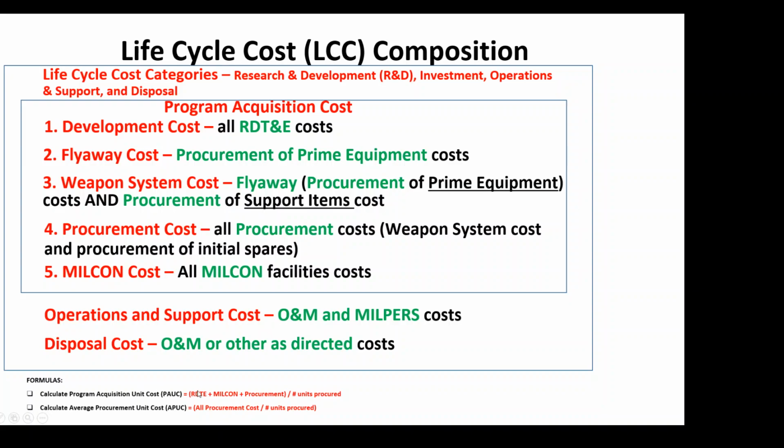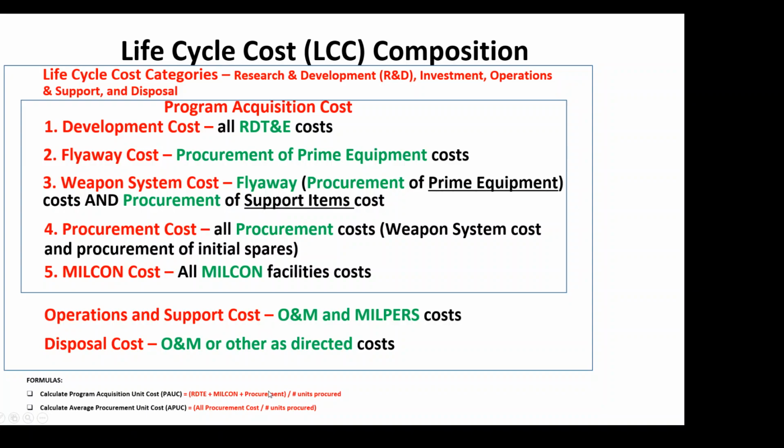So I have some formulas at the bottom because, as mentioned, you're going to have to calculate the program acquisition unit cost. So up here is the program acquisition cost: RDT&E, procurement, and MilCon. And if they say they want to know how much is one, unit means one. I know how much the total is.